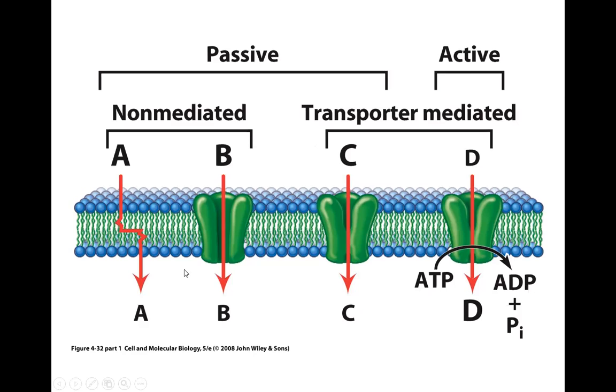Now, these two, B and C, look very similar, but there are some subtle differences between them, which I would like to draw your attention to now. You look at this particular transporter, it seems to be open all the time. But this transporter appears to have an occlusion here. It appears to be closed a little bit, right?